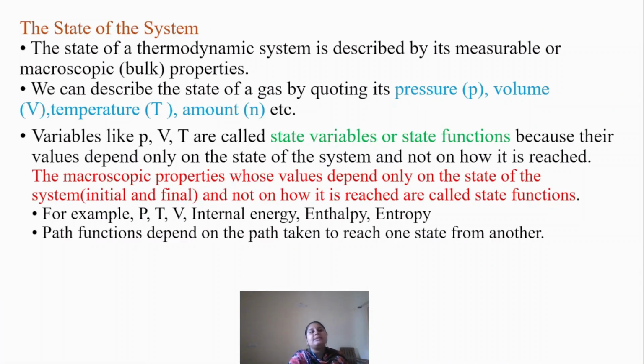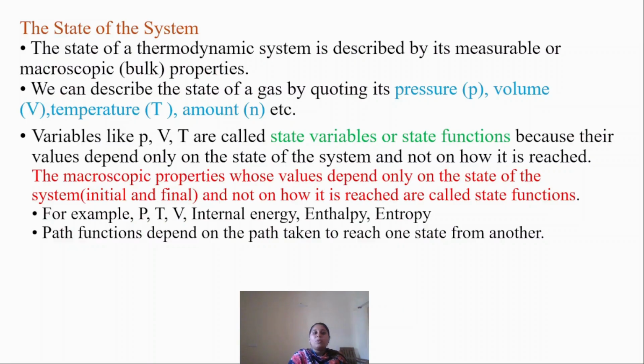The next is state of a system. The state of a thermodynamic system is described by its measurable or macroscopic properties. The state of a gas is determined by pressure, volume, temperature, and amount. The variables like P, V, and T are called state variables or state functions, as their values depend only on the state of the system and not on how it is reached.